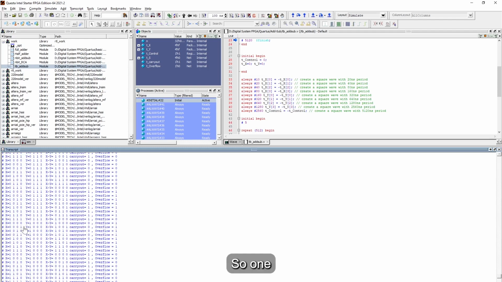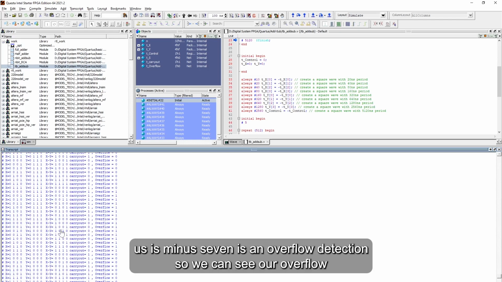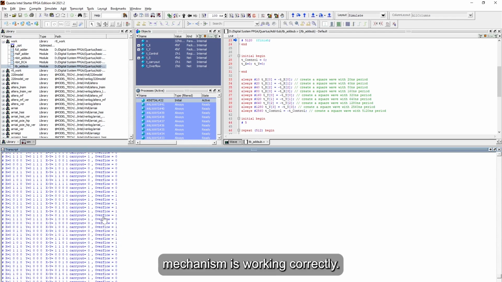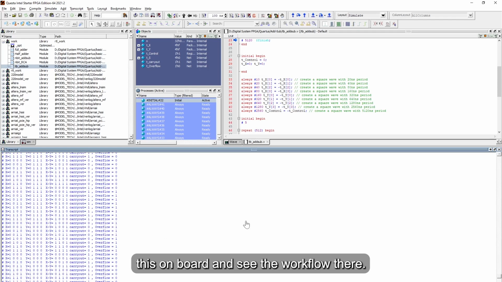So 1 minus 8, so that it is 9, but it's a wrong answer here. It shows us minus 7. It is an overflow bit detection. So we can see our overflow mechanism is working correctly. So in the next video, we'll try to implement this on the board and see the workflow there.